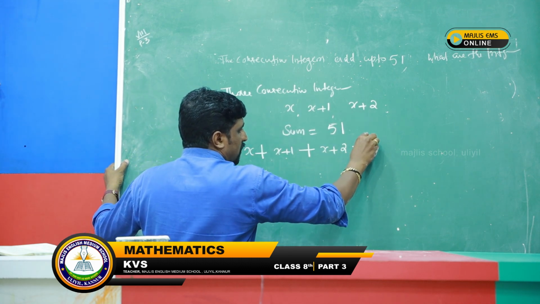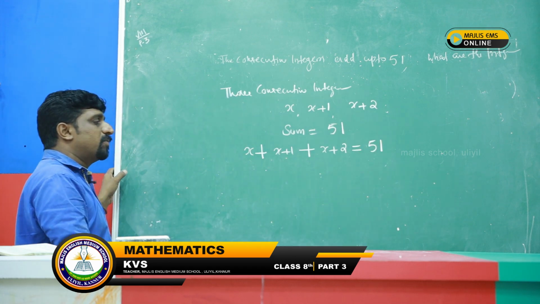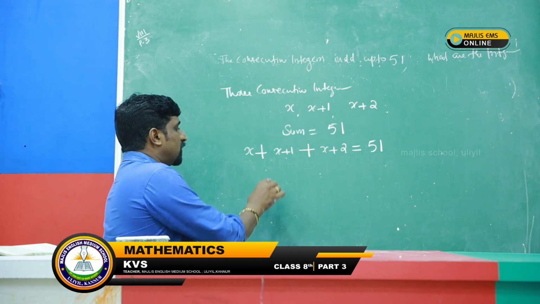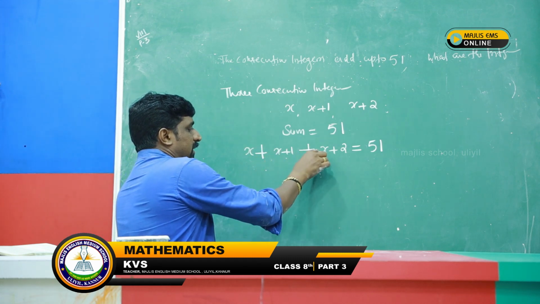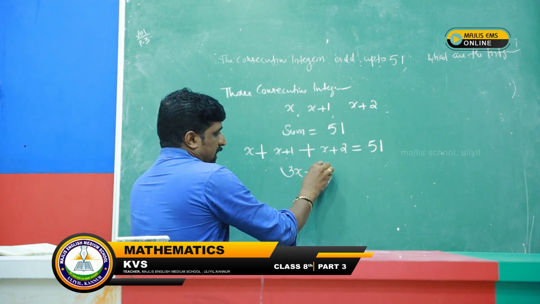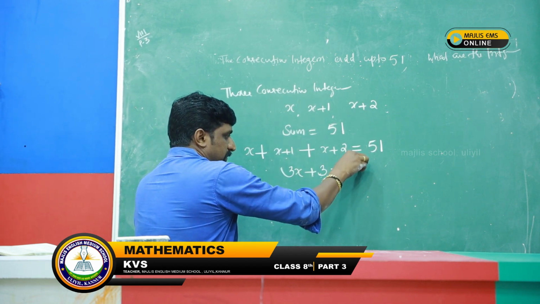After addition, we get 51. Adding x, x, x gives 3x, and 1 plus 2 is 3. That is 3x plus 3 equal to 51.